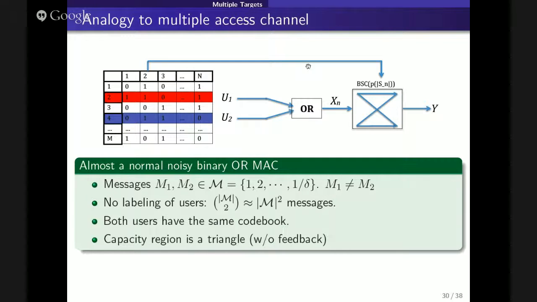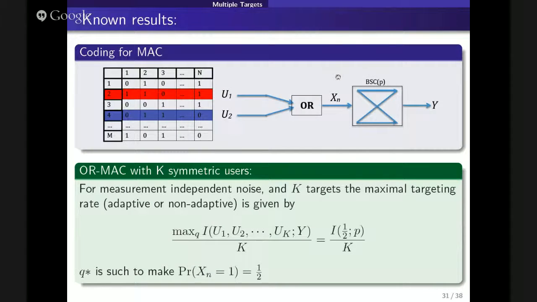To your initial question, Salim, if there was a Gaussian channel here, then feedback might increase capacity even without the measurement-dependent noise. In this case, as long as it's binary, feedback does not increase capacity when the noise is independent of the measurement. So let's see what we already know for MAC and try to harness it.